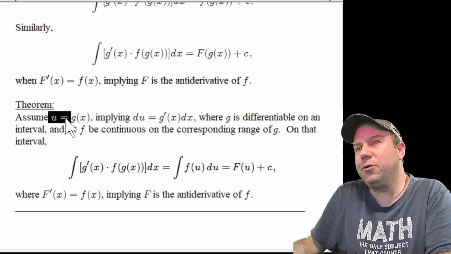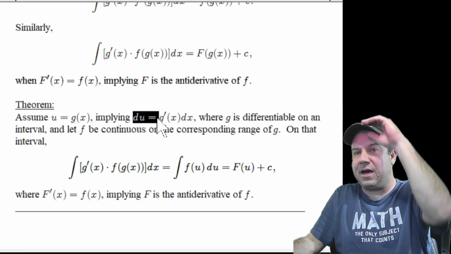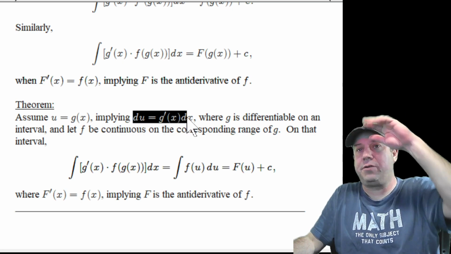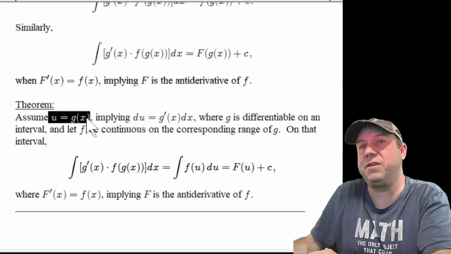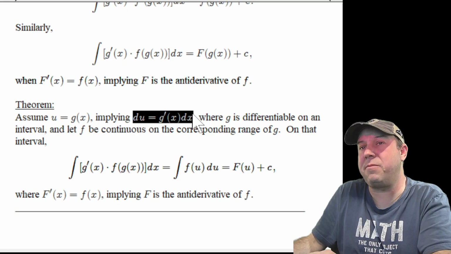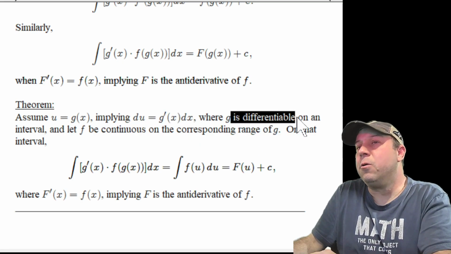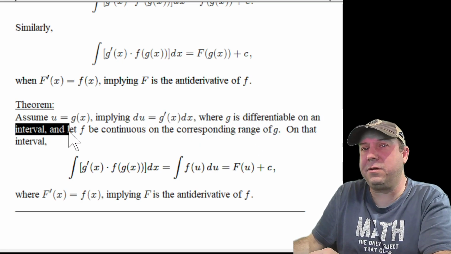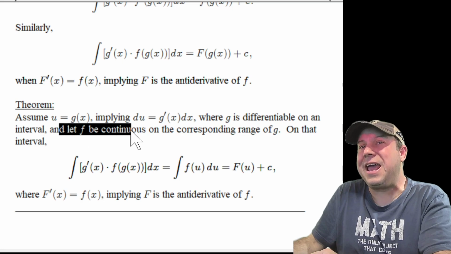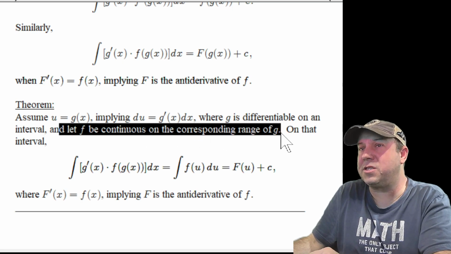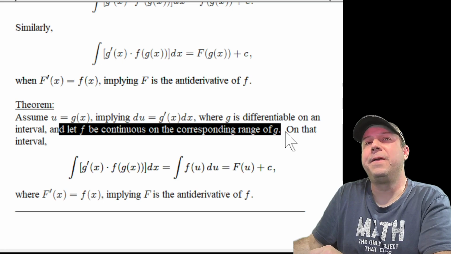Basically, it says assume that you have the setup for a composite of two functions, right? Assume u equals g of x, implying du is equal to g prime of x dx, where g is differentiable on an interval, right? And let f be continuous on the corresponding range of g, right?